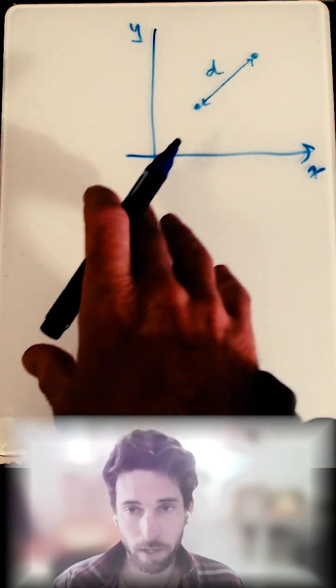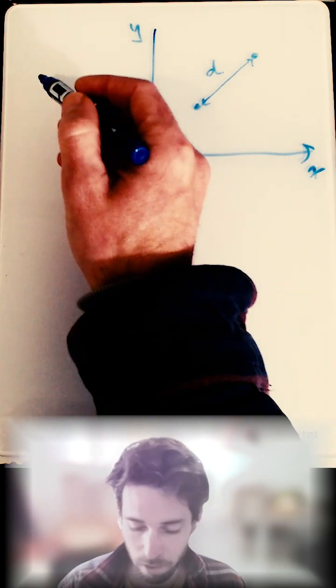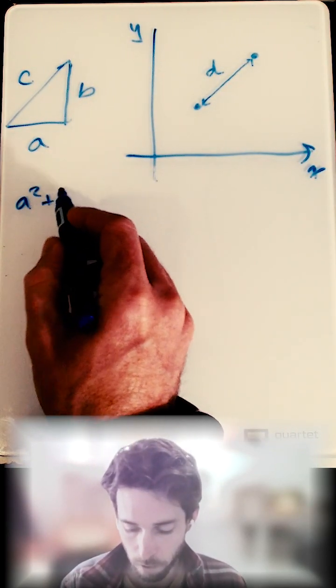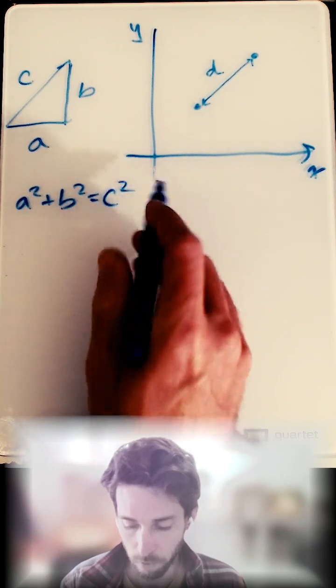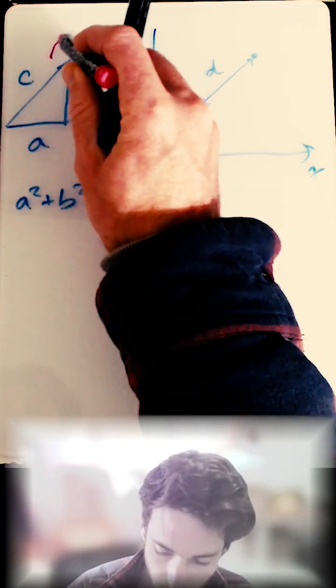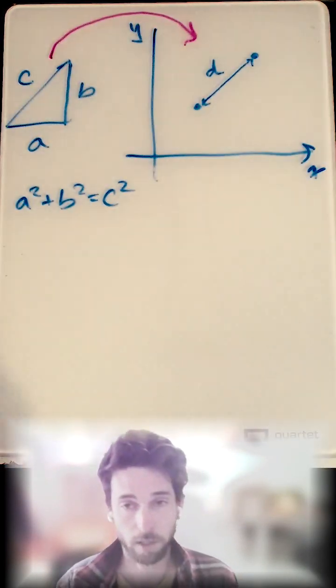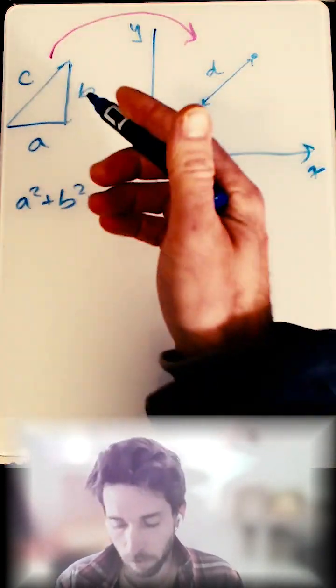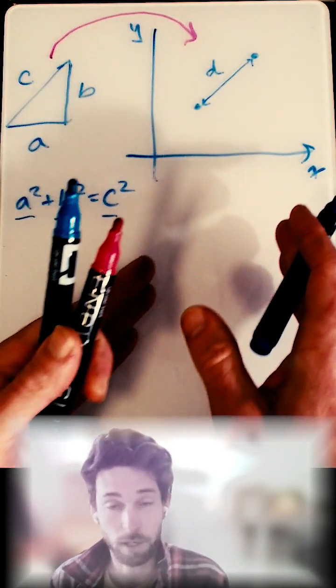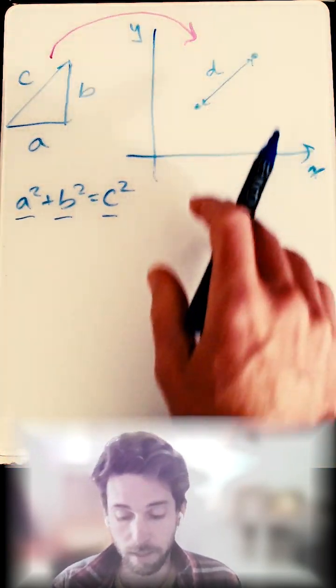So the best way to talk about that is using Pythagoras. The Pythagorean theorem says that a squared plus b squared equals c squared. So what we're going to do is lay this concept, the triangle, onto the Cartesian grid. We're going to translate all these terms, these variables a, b, and c, into x's and y's and d.